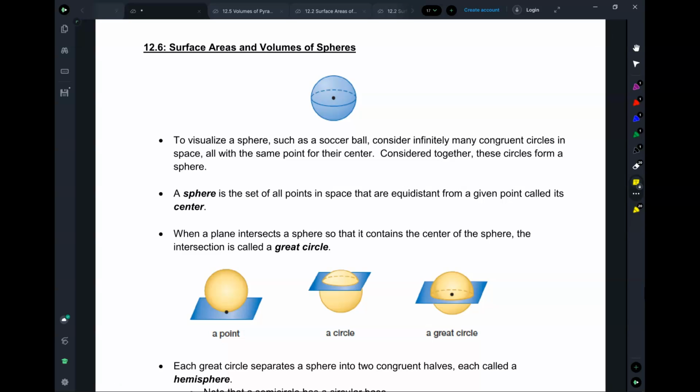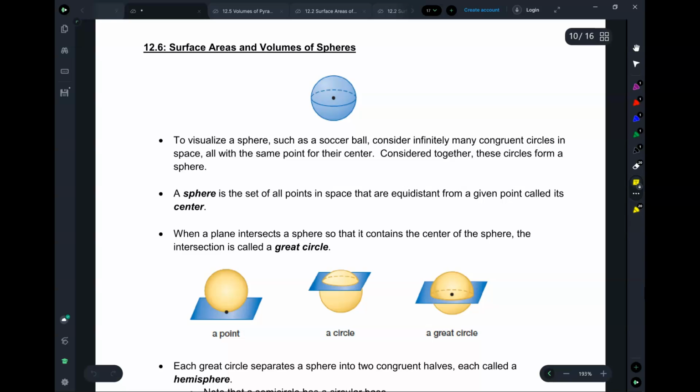Okay. So, this is a picture of a sphere, right? And the way we like to visualize spheres is if you have infinitely many circles with the same center, that makes a sphere, all right?